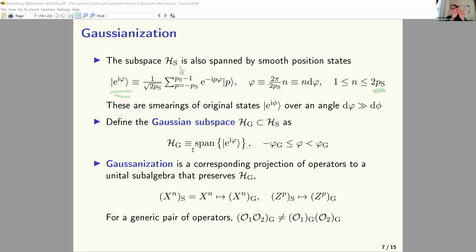So instead of thinking of them as living on a point or a tiny angle d straight phi, you can just imagine them having been smeared over a much larger angle d curly phi. So this is another useful basis, and it will become even more apparent as we go along. But for now, let me just plow on and formally define a second subspace, a subspace of the subspace, and call it the Gaussian subspace.